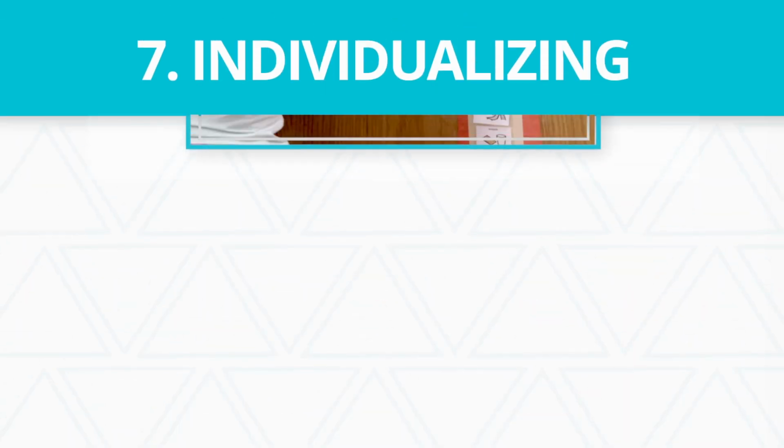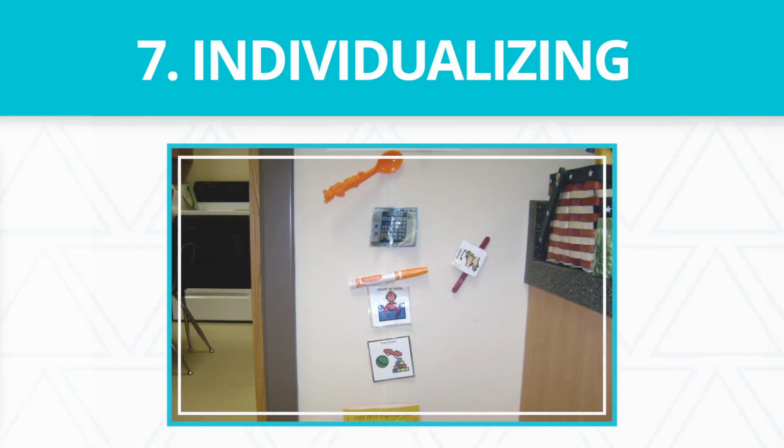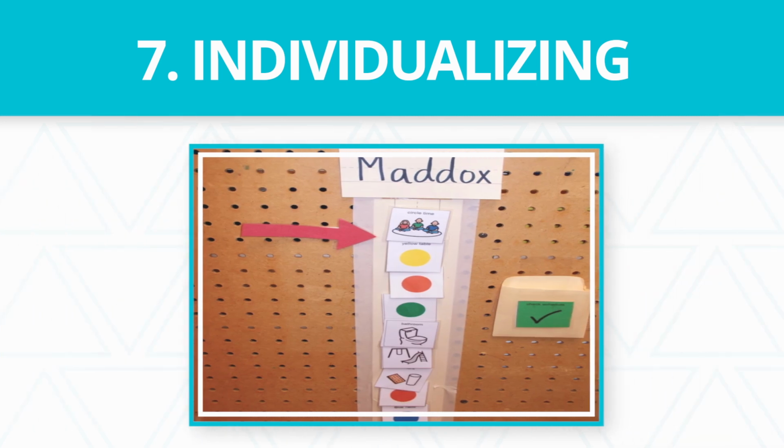When we're individualizing schedules for children, we want to really be thinking about what it is that that child needs. There are some children that like pictures and do very well with the picture schedule. There are other children that are not going to pay attention to the visual picture. We might use an object schedule. I might use a schedule for a transition.